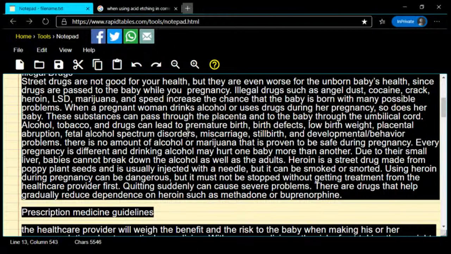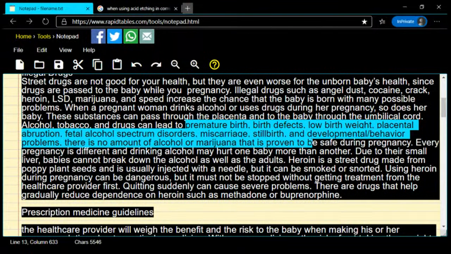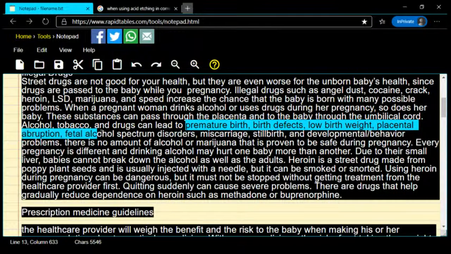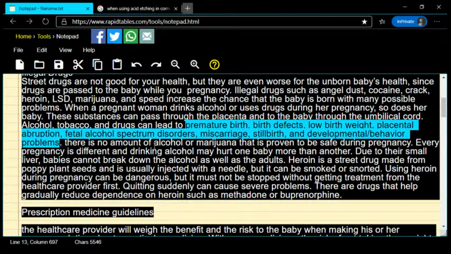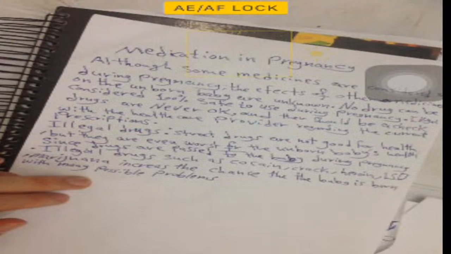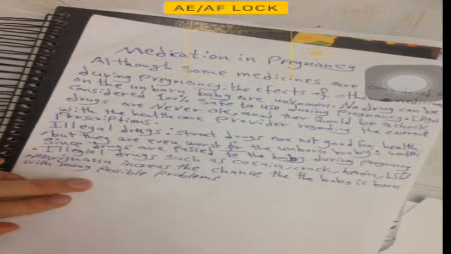Okay, let's write this: premature birth, birth defects, low birth weight, placental abruption, fetal problems, miscarriage, stillbirth, development and behavior problems.